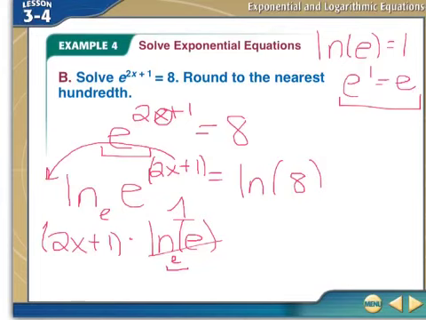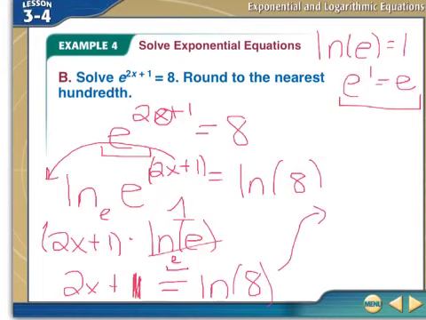So I have 2x plus 1 times 1, which is 2x plus 1, is equal to natural log of 8. I'm going to then take natural log of 8 and subtract 1 from it. That would get rid of this 1 here.